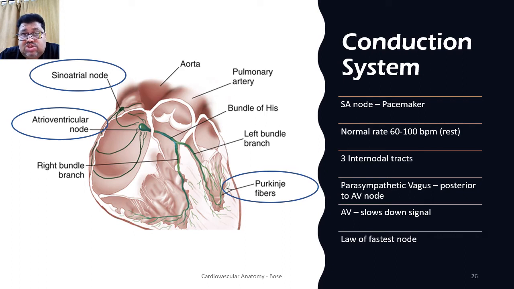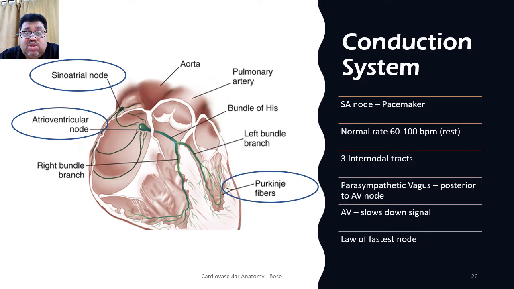This conduction system features a pacemaker node where the signals normally arise. The electrical impulses in the conduction system in the heart will normally arise at the sinoatrial or SA node, and this electrical impulse which arises at the sinoatrial node is called the sinus.